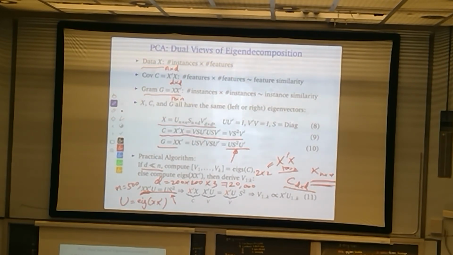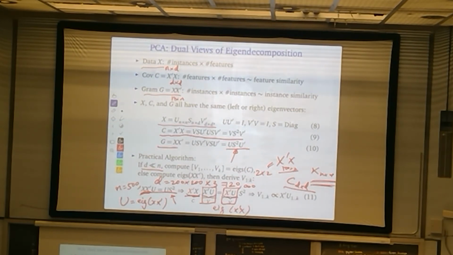Now, the first two terms become C, the covariance matrix. This is X transpose U, and this is X transpose U. I know it's V. Why? Because by definition, if I think of this as a unit, this follows the definition for the eigenvector of X transpose X, the covariance matrix, right?